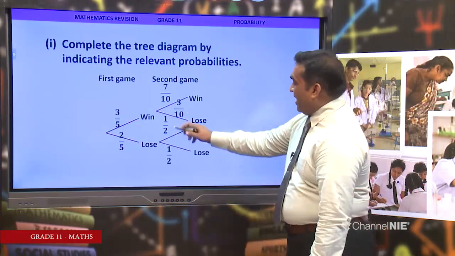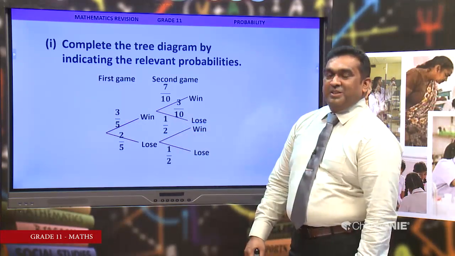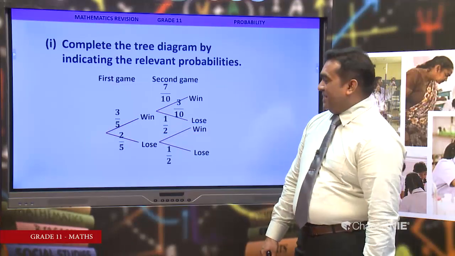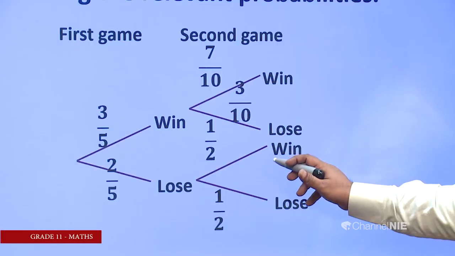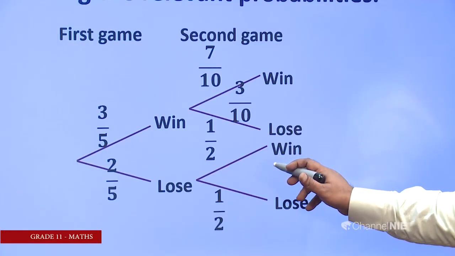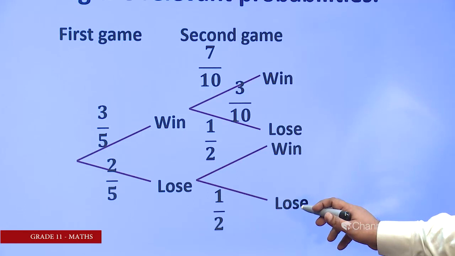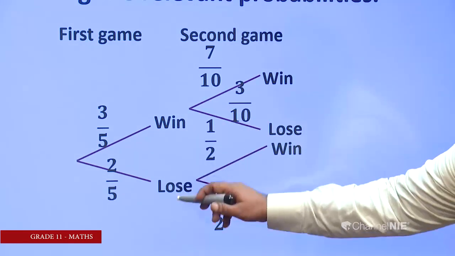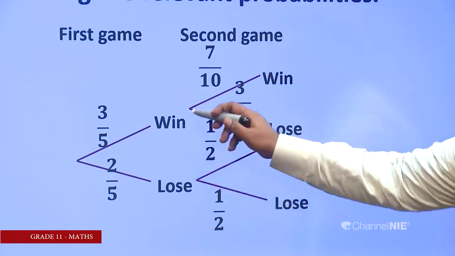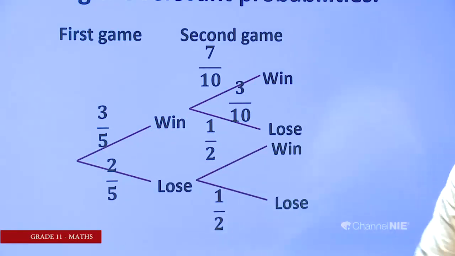Next one, half, half, no conditions. Lose the game, half the probability of winning the second game. Here the losing, it means that is also half. Always you can see the sum of probabilities of these two events is equal to 1. That is the important concept.